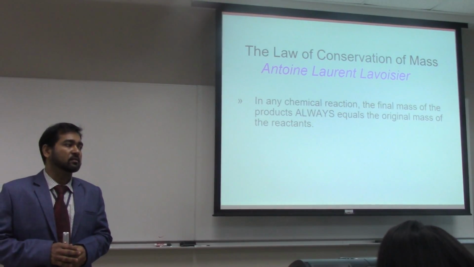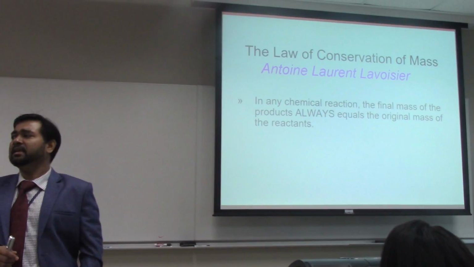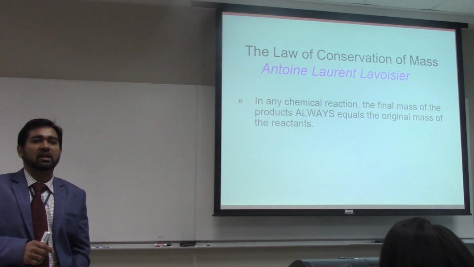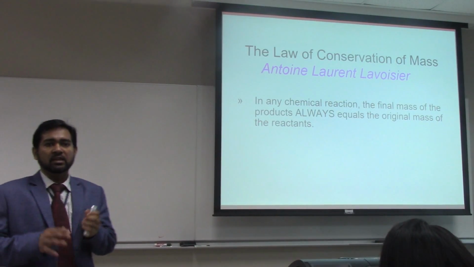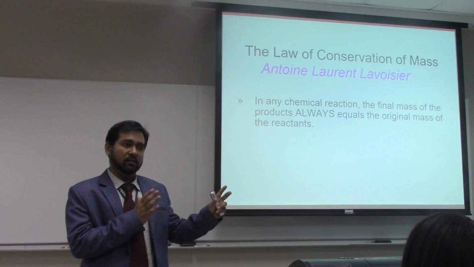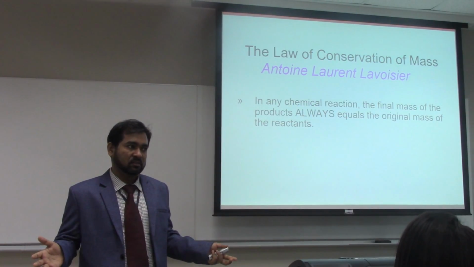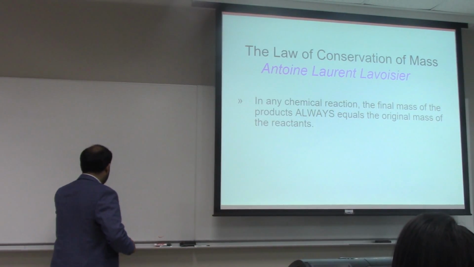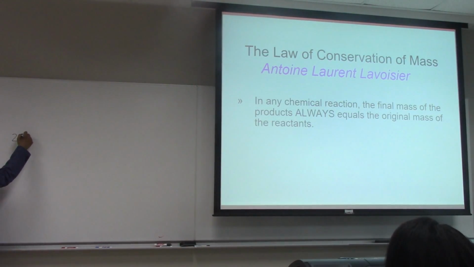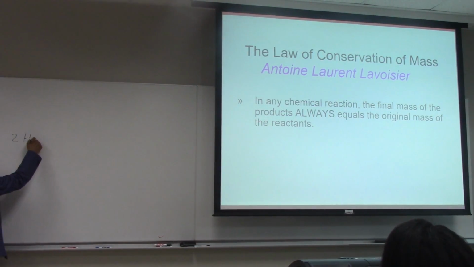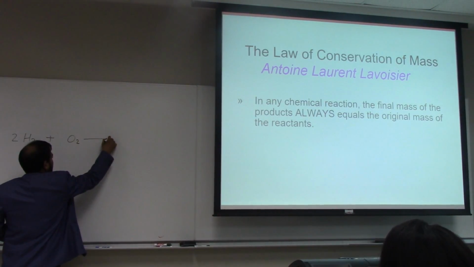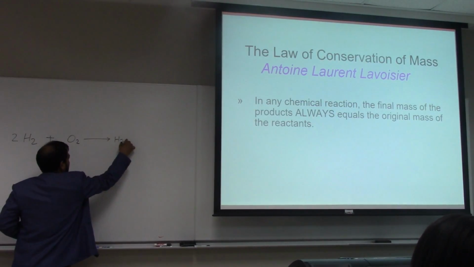He discovered that in any chemical reaction, the initial mass and final mass are going to be constant. So, for instance, if I have a chemical reaction, H2 plus O2 that makes water.